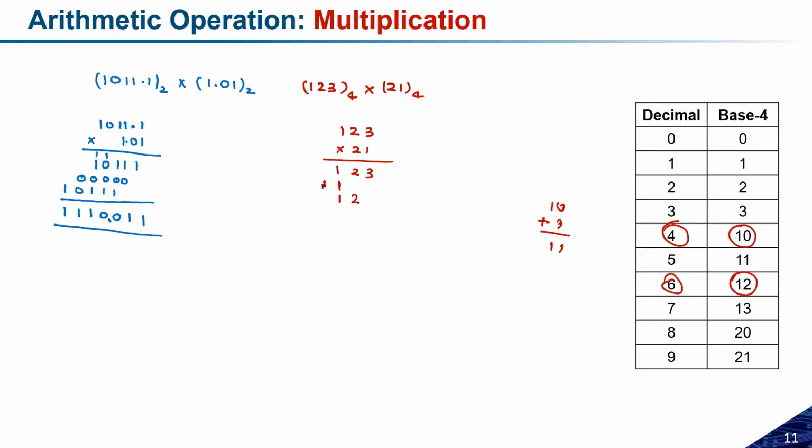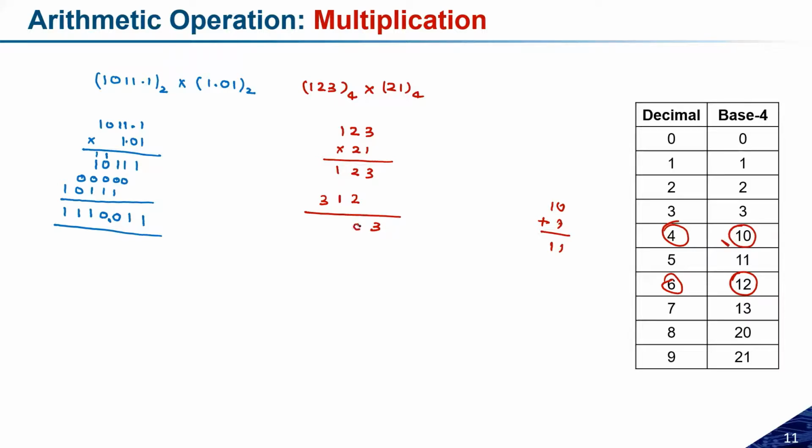Then 2 into 1 is 2, and 2 plus 1 becomes 3. So this number will be 3 1 2, not as in decimal. Then we have to add it, so it will become 3. Then again, 2 plus 2 becomes 4, which is equivalent to 1 0.